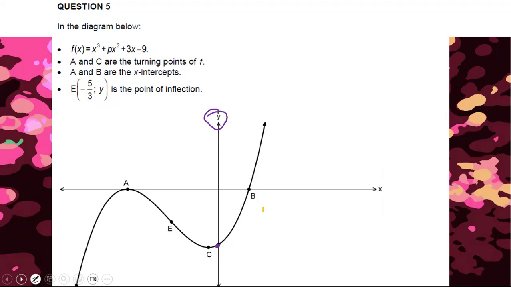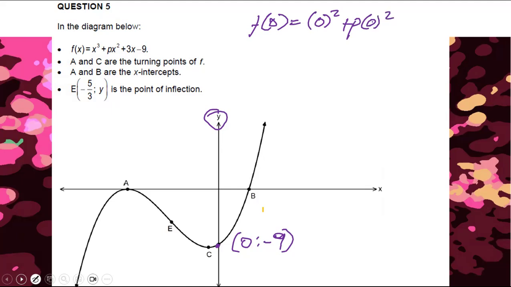Where the graph touches the y-axis, x is 0, and here y will be -9, okay? Now, how do I get that -9? I went to this function here, and everywhere there is x, I just substituted 0.